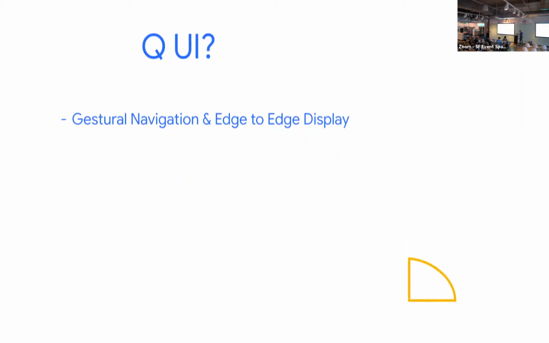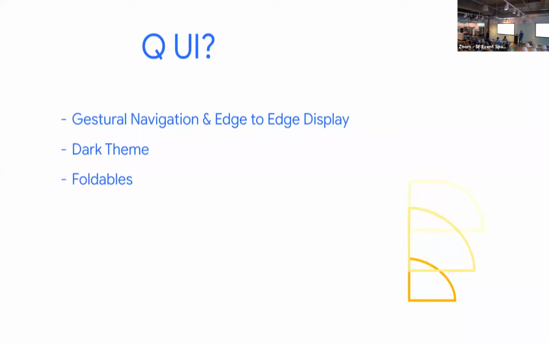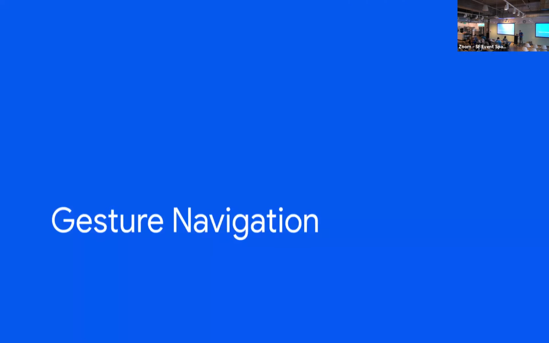So we'll start with gestural navigation with edge-to-edge display. I'll talk about dark theme, foldables, bubbles, and Jetpack Compose, which I didn't add to this slide. So let's start with gestural navigation.